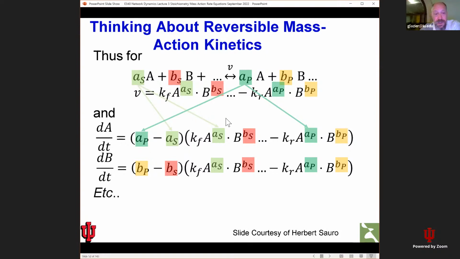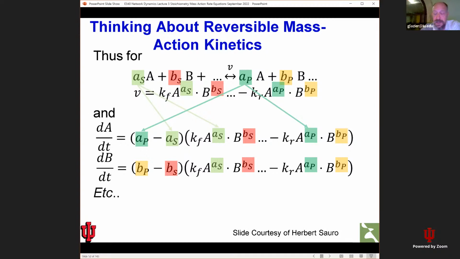aS here shows up in the exponent and it shows up in the prefactor. aP shows up in the exponent on one side and in the prefactor. And so each one of those stoichiometric coefficients shows up twice, once in the exponent on one side of the reaction, either forward or reverse, and then once in the prefactor.